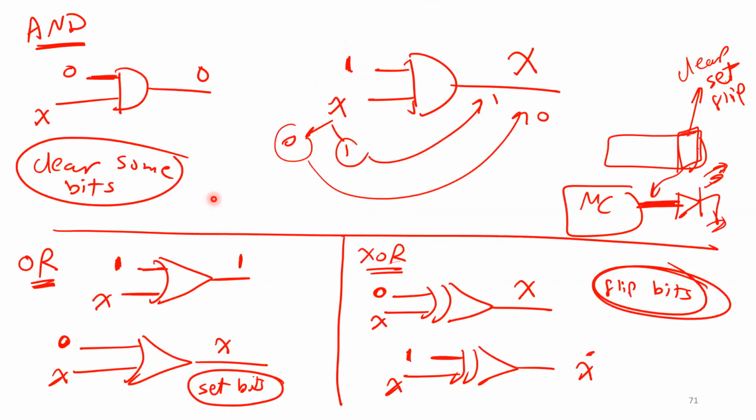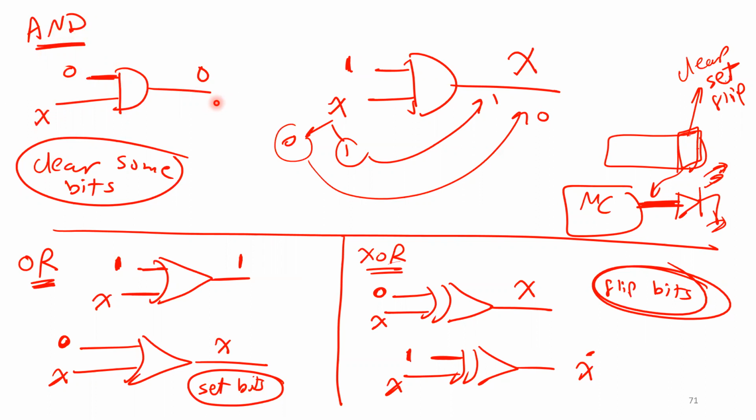Let's first make a very quick revision on AND, okay? This is how AND works. If one bit is 0, and the other one is X, where X means whatever it is, 0 or 1, it doesn't matter, then regardless of the other bit, the output is 0 right away. This is how AND works.